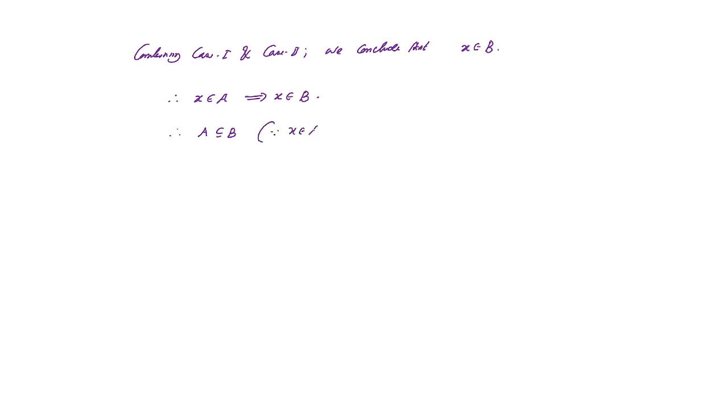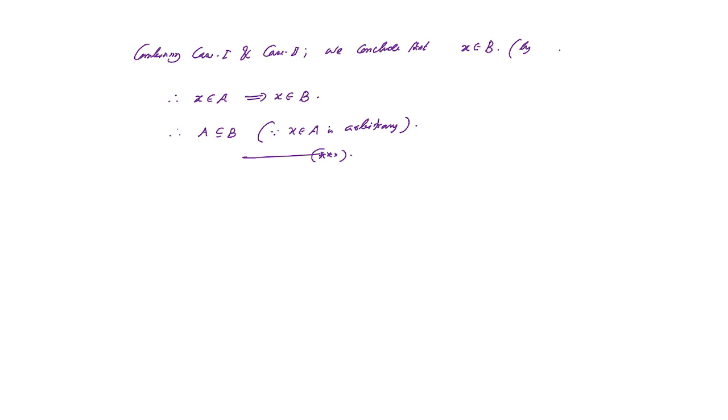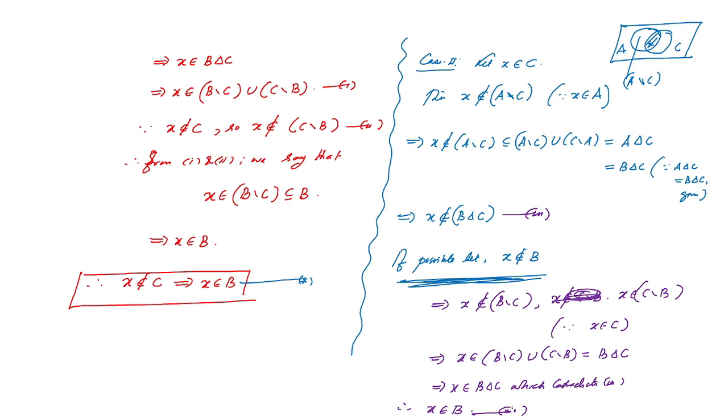Since X belongs to A is arbitrary. In a similar way, you can prove this, which is triple star, and this one is single star and double star.